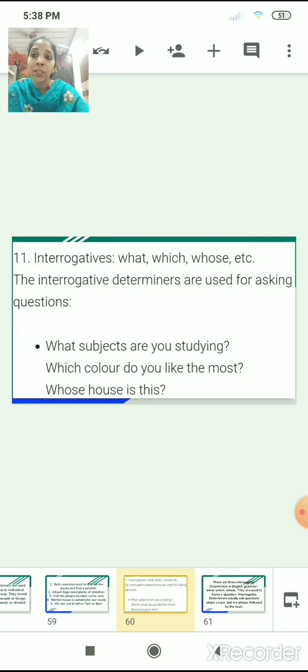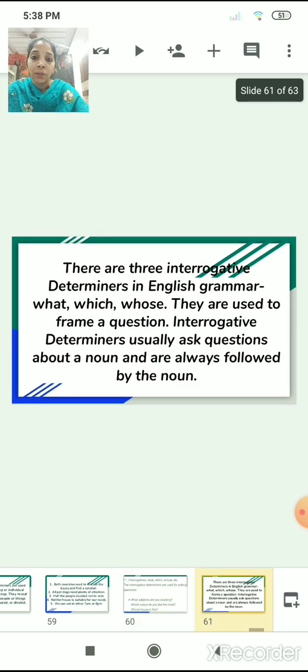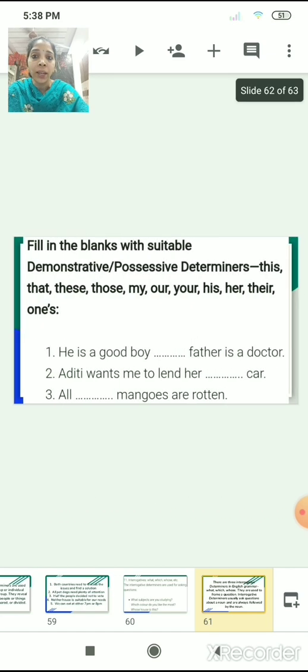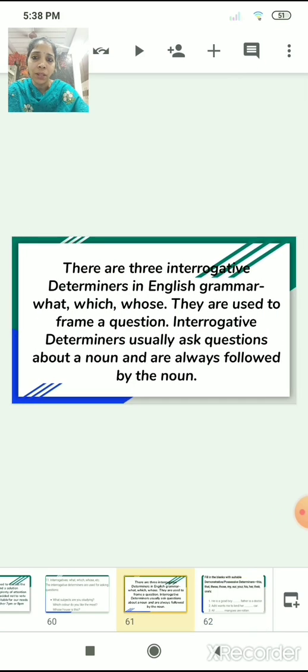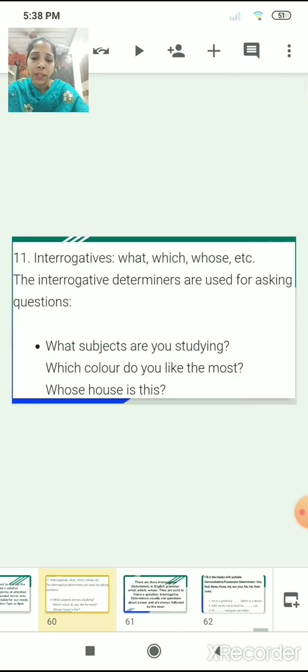They ask questions about a noun and they are always followed by a noun. As I mentioned earlier, there are three interrogative determiners in English, and we have already learned them. It is a very small explanation for this particular determiner. There is nothing much in this. It's a very simple one.